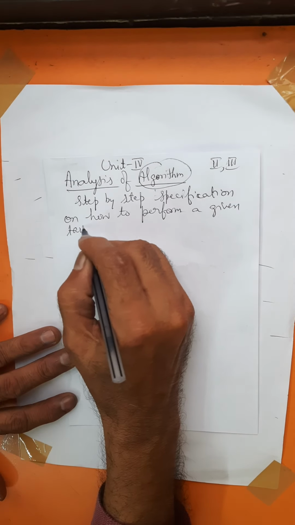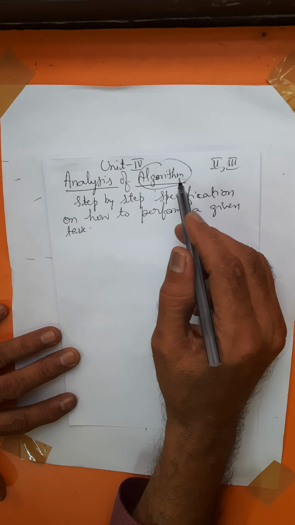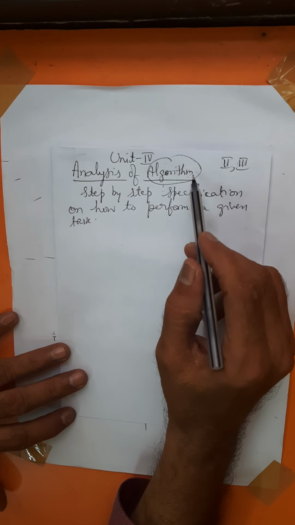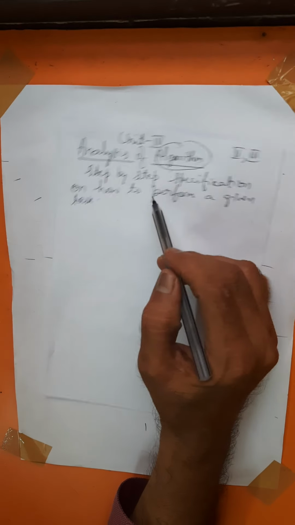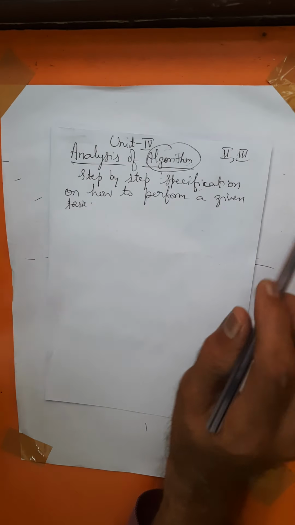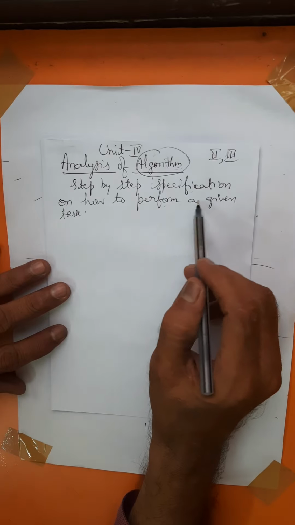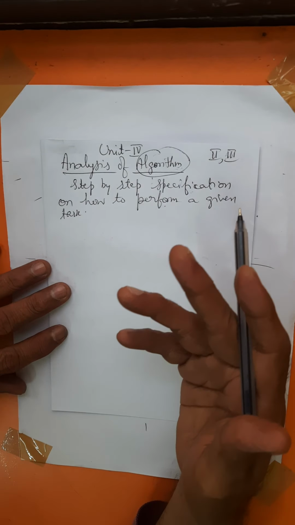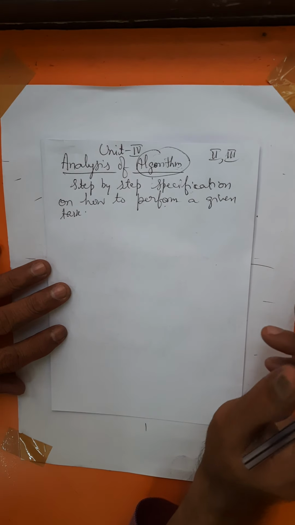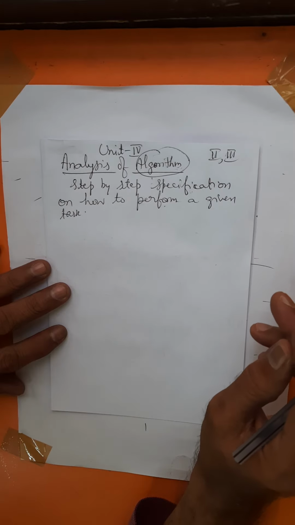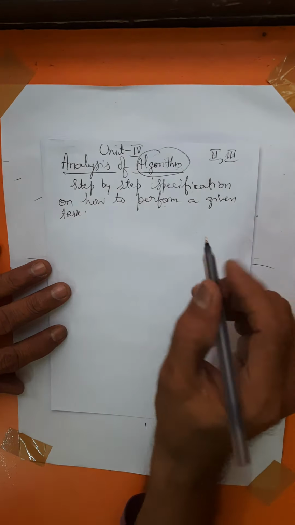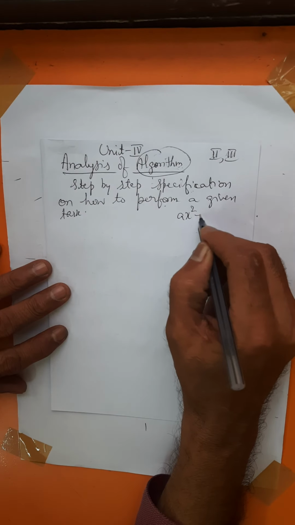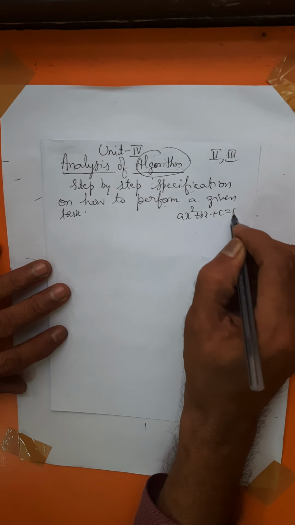What is an algorithm? Algorithm is a method. It is a step-by-step specification on how to perform a given task, given a problem. For example, you want to find the largest of n numbers. How do you find? You want to solve a quadratic equation, ax square plus bx plus c equal to 0.